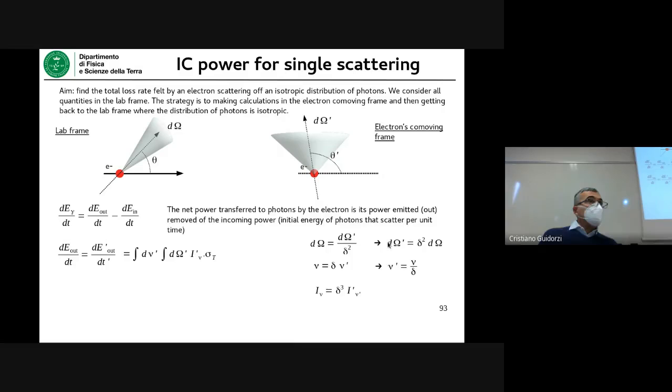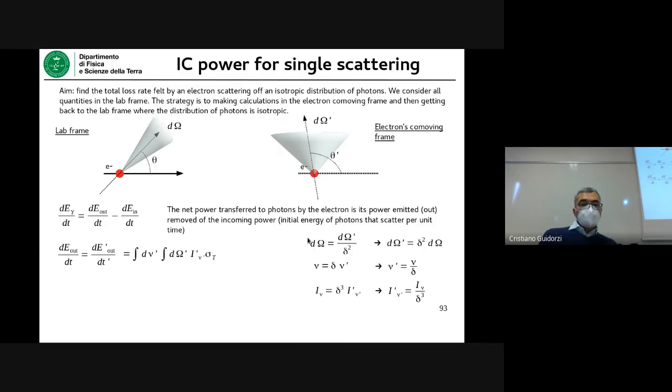What else? I. You remember very well that I changes with a factor of delta cubed. So again, here we have to go from the prime quantity to the unprime quantity. Now we take advantage of what we've seen.